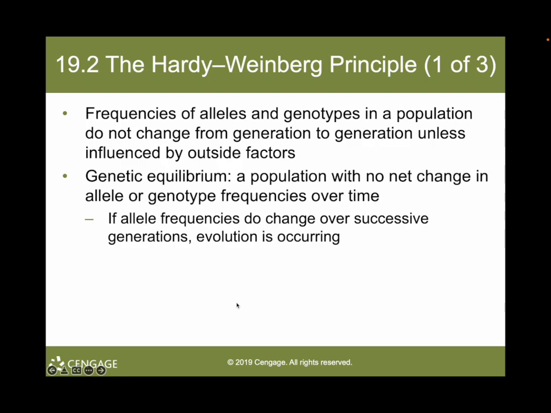The Hardy-Weinberg principle shows that if a population is infinitely large, the process of inheritance does not by itself change allele frequencies. It also explains why dominant alleles are not necessarily more common than recessive alleles. The Hardy-Weinberg principle represents an ideal situation that seldom occurs in the natural world.